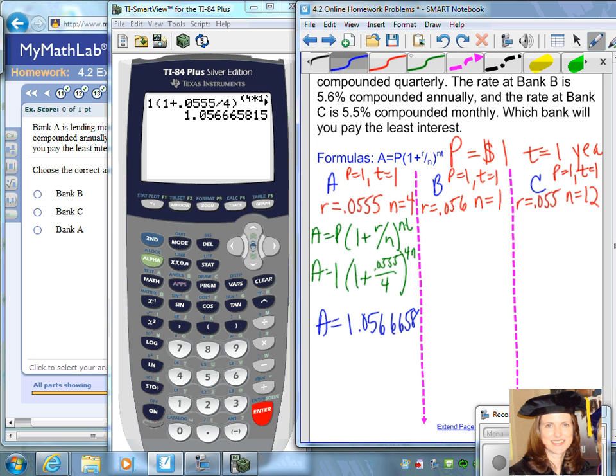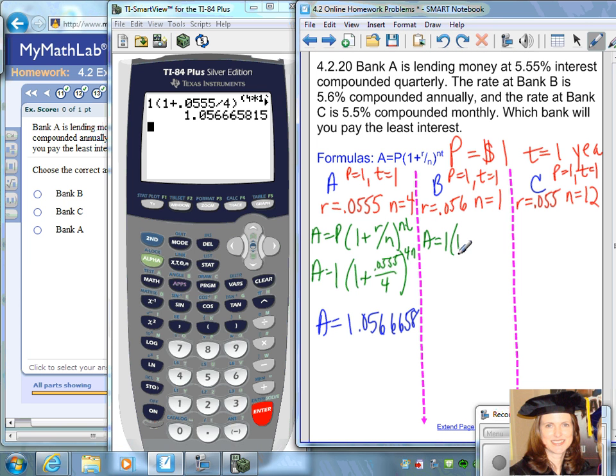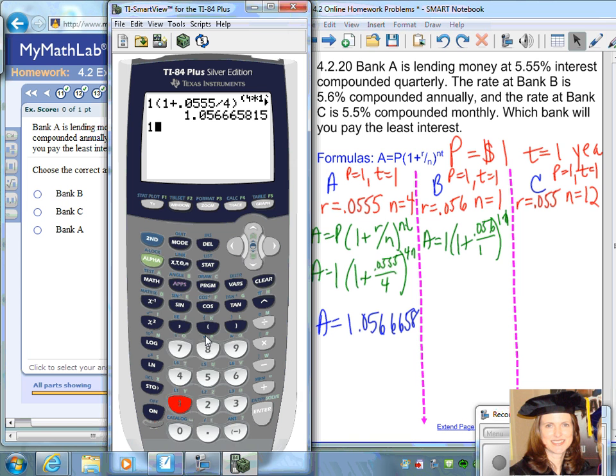Let's do the same thing for bank B. It's going to be A is equal to your dollar you start off with, 1 plus 0.056 over 1 to the 1 times 1. Use a calculator to evaluate that.